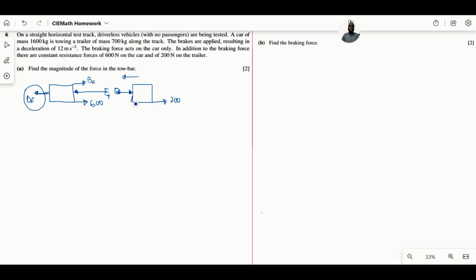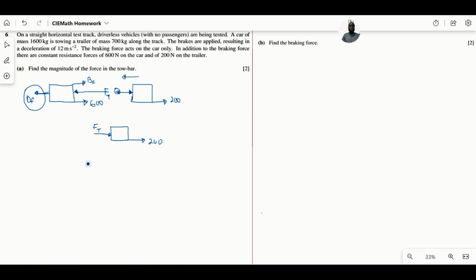So let's look at the trailer. The trailer, we've explained, would be moving forward, but experiencing the force in the tow bar, which I'm going to call Ft, and also the resistance to the motion of the trailer, which is 200 Newton.